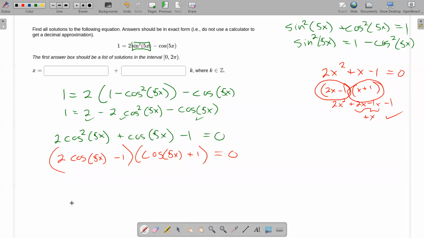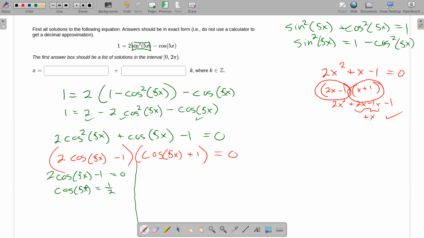And then we break it into pieces. So this one right here says twice the cosine of 5x minus 1 equals 0. Add the 1 over, divide by 2. Cosine of 5x is equal to 1/2.